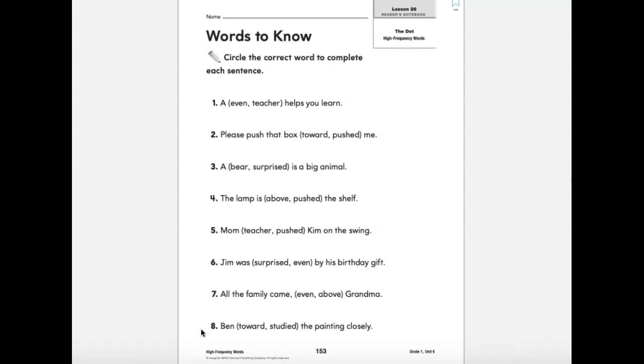In our last sentence, sentence number 8, it says, Ben blank the painting closely. Ben toured, studied. Circle the word that best completes the sentence for number 8.